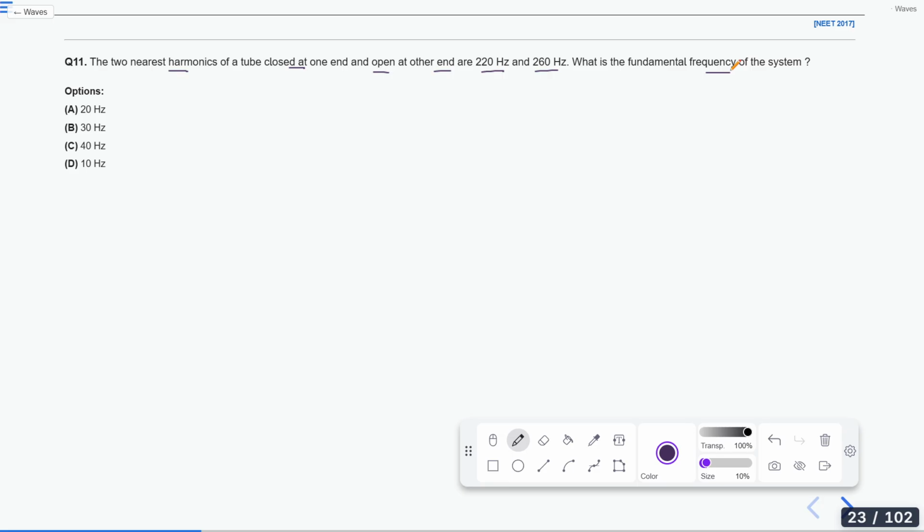Okay, so you have to calculate now what is the difference in the frequency of the nearest harmonics. Suppose first harmonic is V by 4L, third harmonic is 3V by 4L, other is 5V by 4L, other is 7V by 4L.